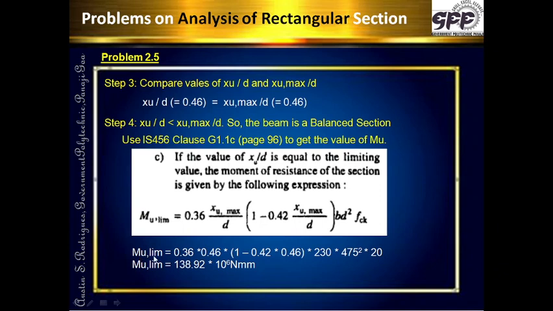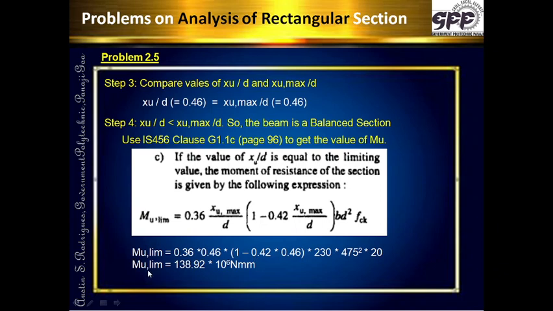So that is the condition which we find over here. So let us substitute the values. Mu limiting is equal to 0.36, Xu max by d is 0.46, into bracket 1 minus 0.42 into Xu max by d is 0.46, multiplied by b is 230, d is 475 and fck is 20.